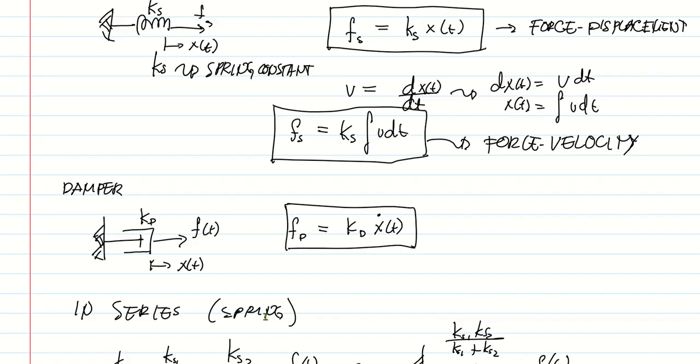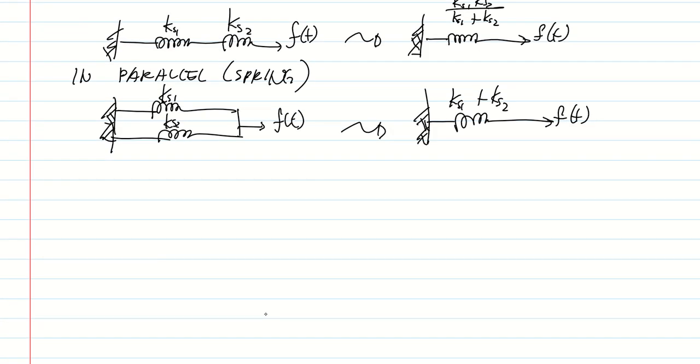The last one is for the mass. The mass is just a mass. If we have a body with a mass m and we apply a force on the body, with a reference somewhere here, then there will be a displacement in that direction.